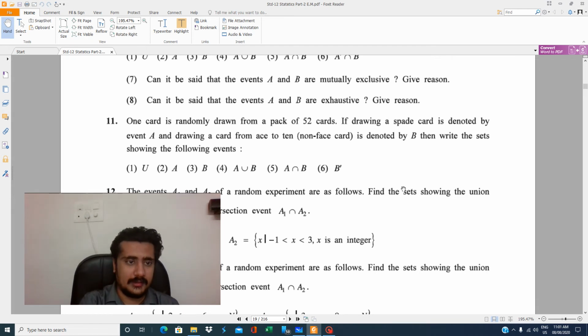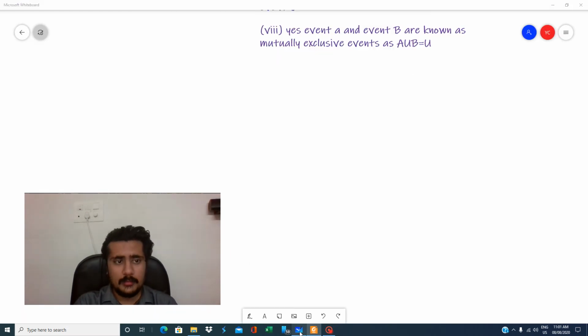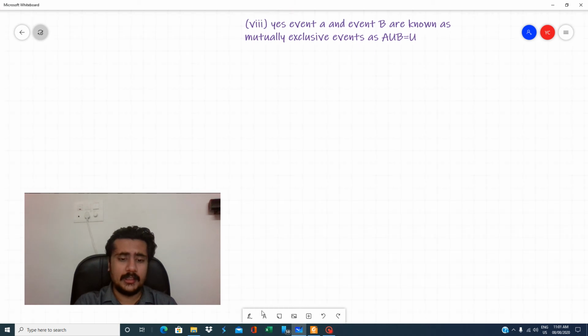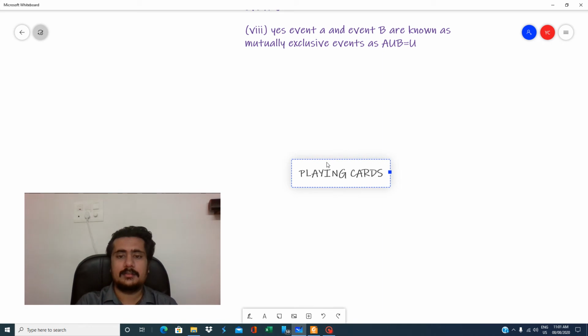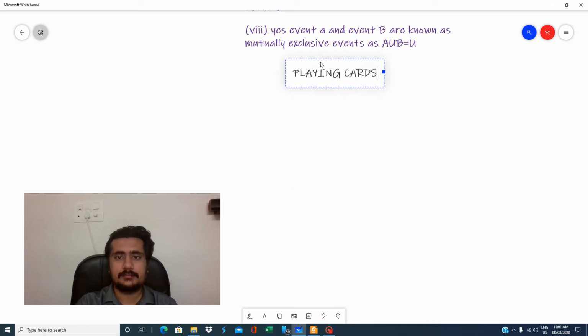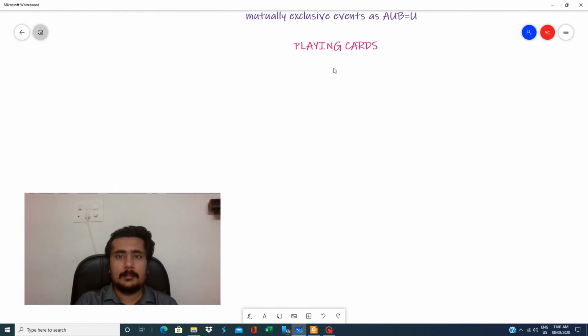So there is some information about cards, that is, playing cards. Before starting this sum, I would like to discuss these playing cards. Now, these playing cards in total are 52 cards.